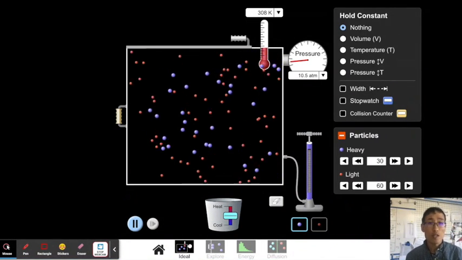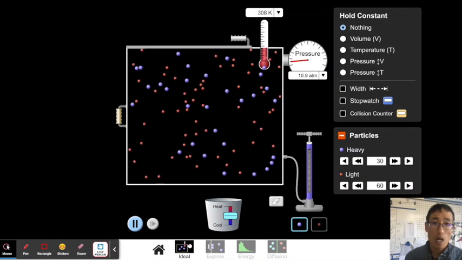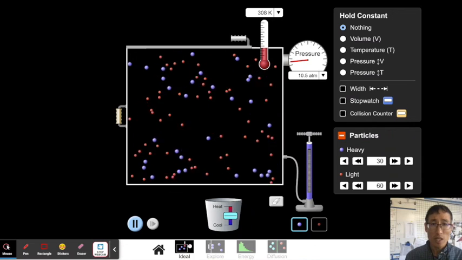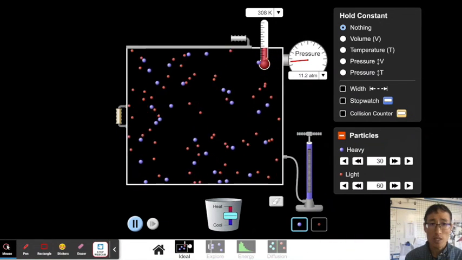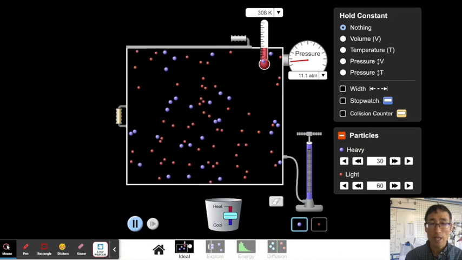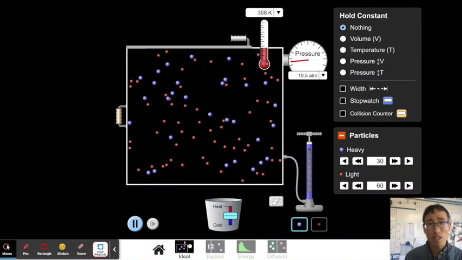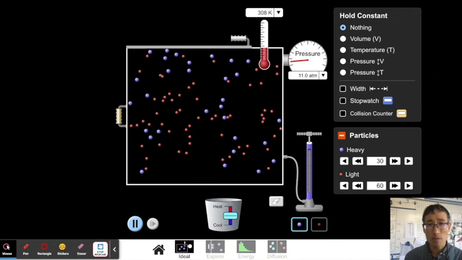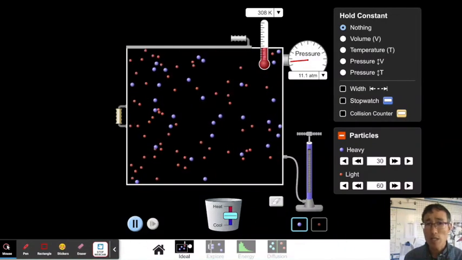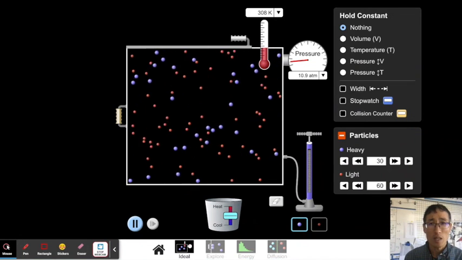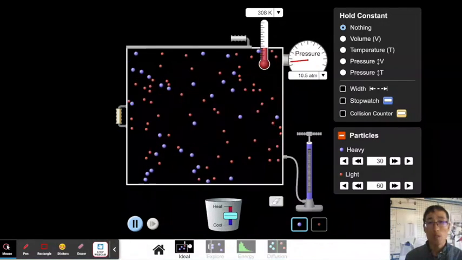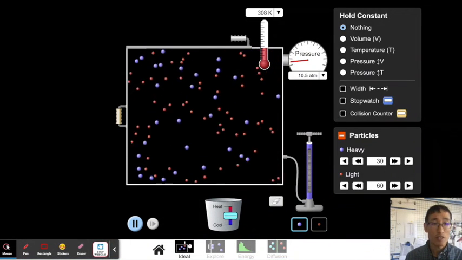To do this, we have to use mole fractions. The total amount is 0.90 moles of gas. I want to figure out my mole fraction of heavy and my mole fraction of light, and how I can use that to figure out my partial pressures. So here are the calculations.